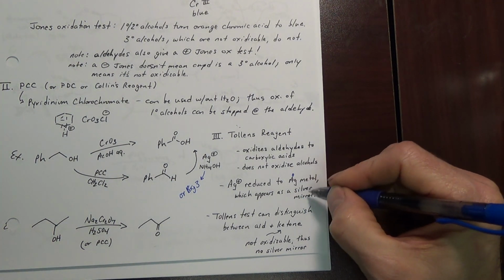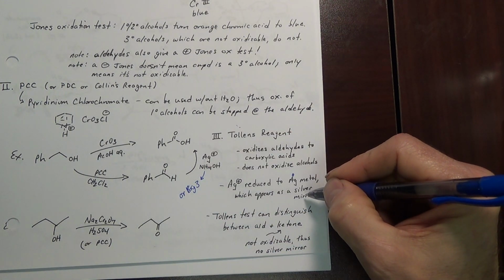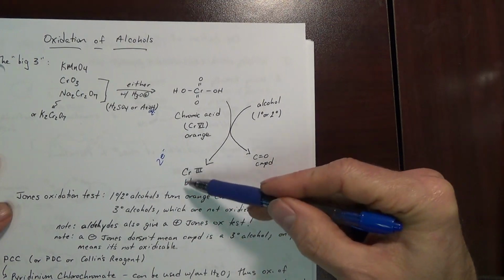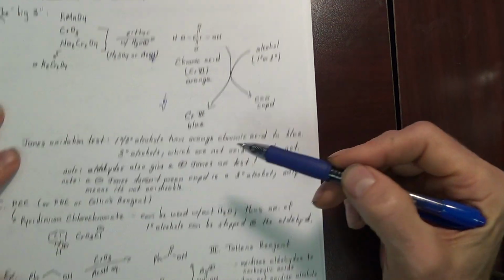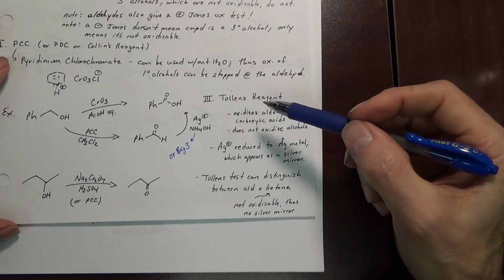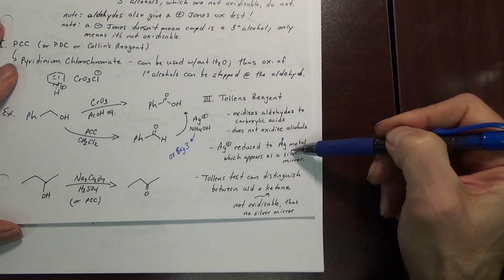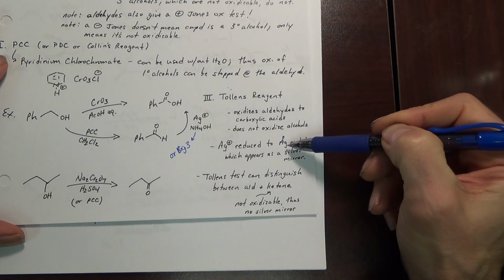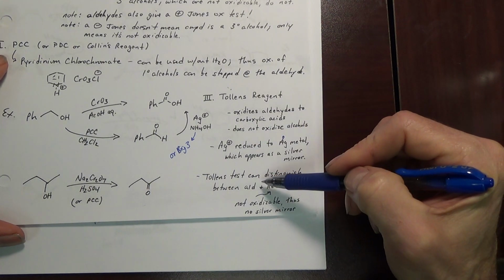And if you get the silver mirror, you know the redox reaction took place, just like if you get the blue color, you know the redox reaction up here took place. So this is actually another indicator which can be used as a chemical test called the Tollens test.